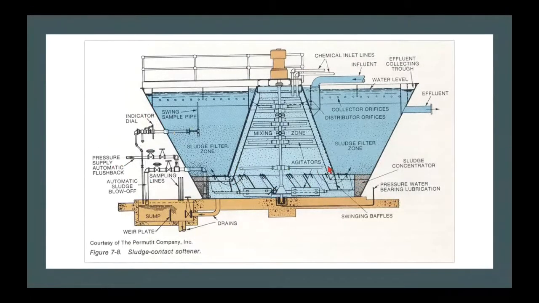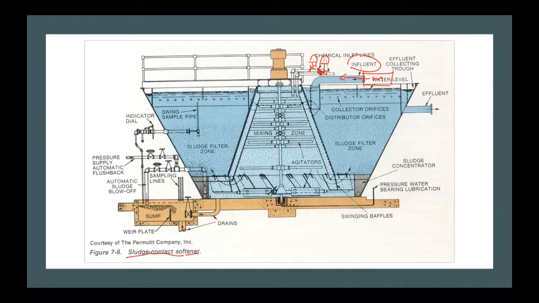So, this looks a lot like a clarifier, doesn't it? Well, this is not a sludge contact clarifier, it's a sludge contact softener. And you can see it's really the same kind of piece of equipment, right? I mean, we've got influent water, and what we're going to do is meter it, put a water meter on it, and we've got some chemical feed lines here, so we're going to put maybe solenoid valves, or maybe flow control valves, or maybe we're going to start-stop chemical feed pumps.